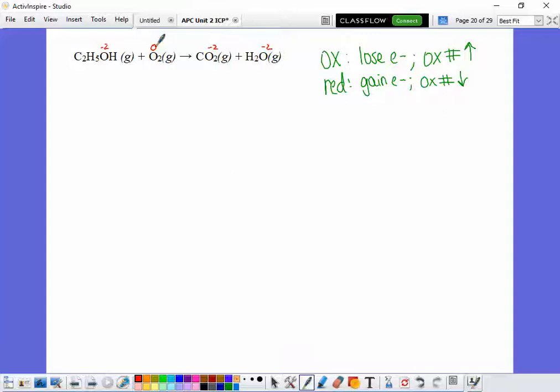Okay? Hydrogen is typically what? +1. Unless it's with a metal, in that case, it's -1. But we have no metals in this reaction, so every single hydrogen has what oxidation state here? +1.